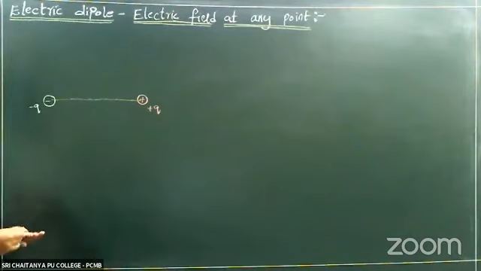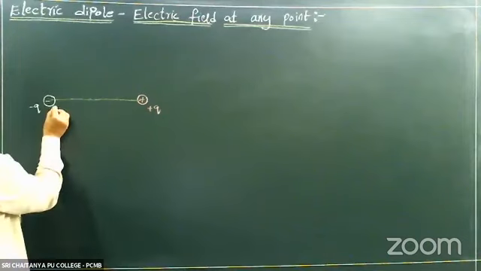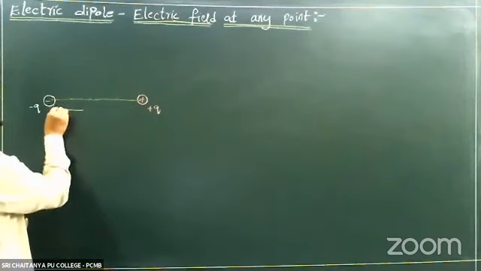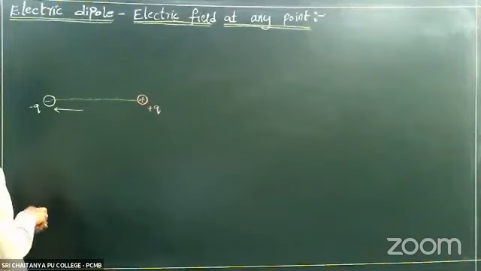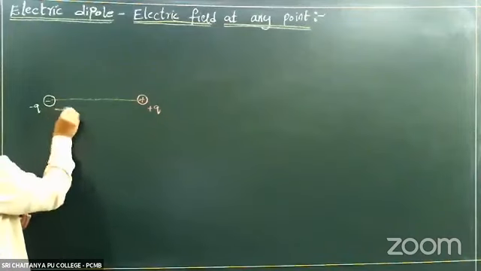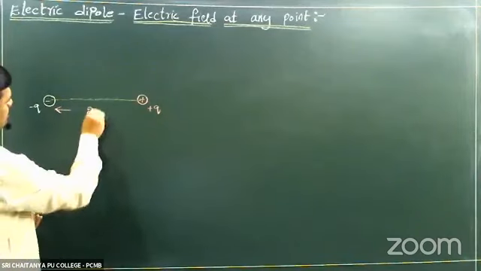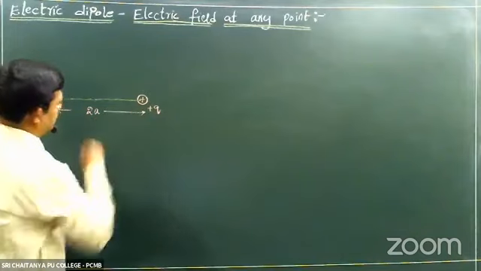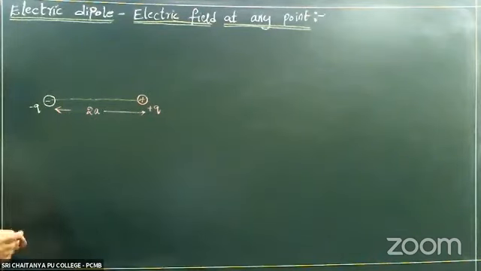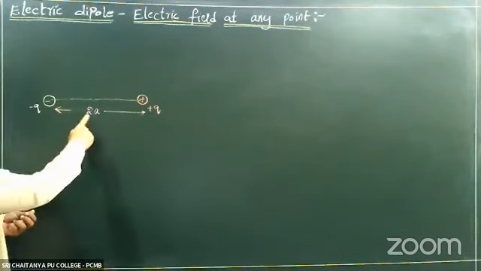We call it a dipole, and the distance between the two charges is known as the length of the dipole, 2a.